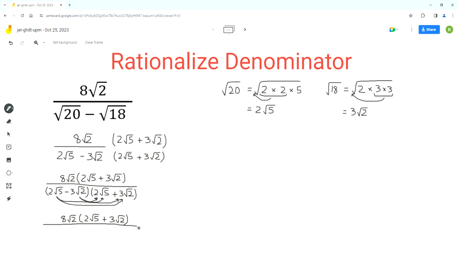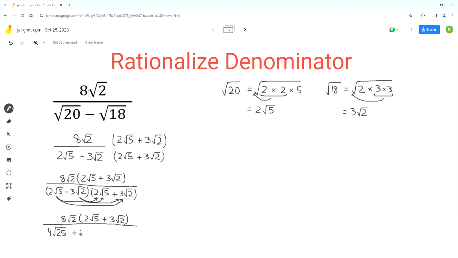So now we first multiply 2 square root 5 by 2 square root 5. So we multiply the coefficients and we multiply the radical parts. So 2 times 2 is 4. So we get 4 square root of 25. Now we multiply 2 square root 5 by 3 square root 2. So 2 times 3 is 6 and it will be positive.